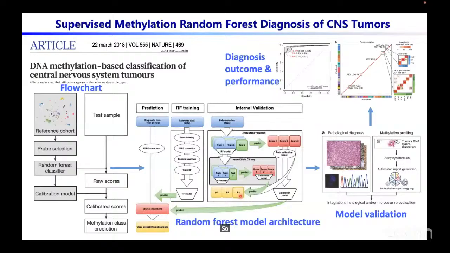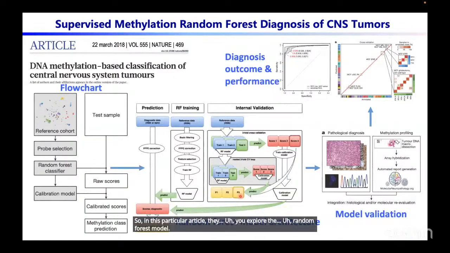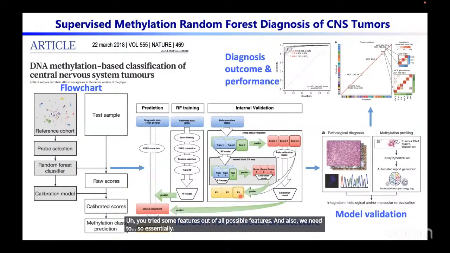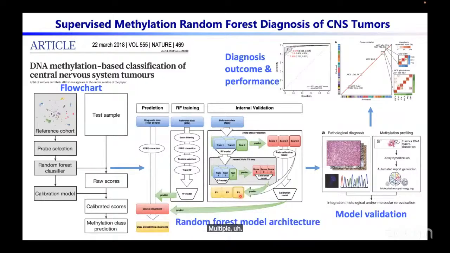In this particular article, they explored the random forest model. Remember that in random forest, we first need to extract some features out of all possible features, and also extract a fraction of the patients to train the model, because we have the freedom of multiple fractions of patients and multiple groups of features.